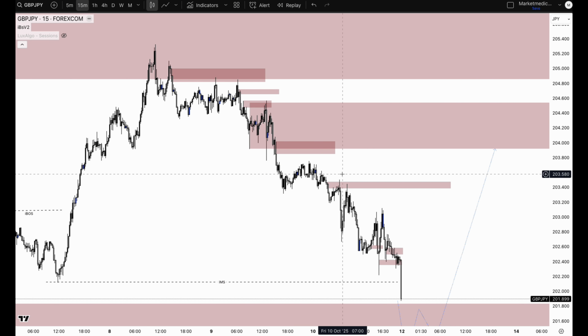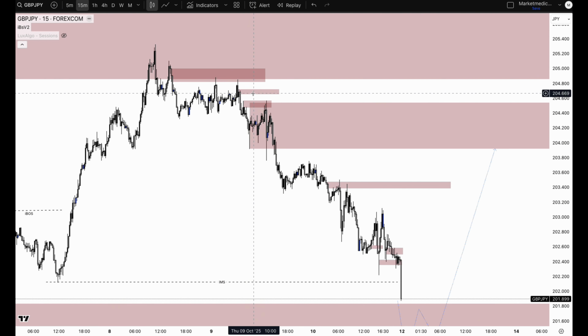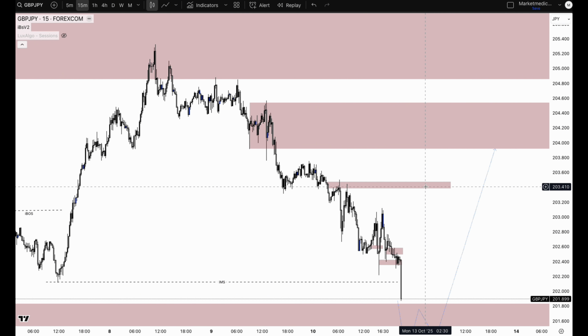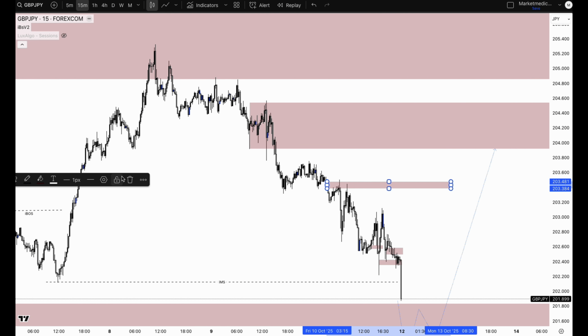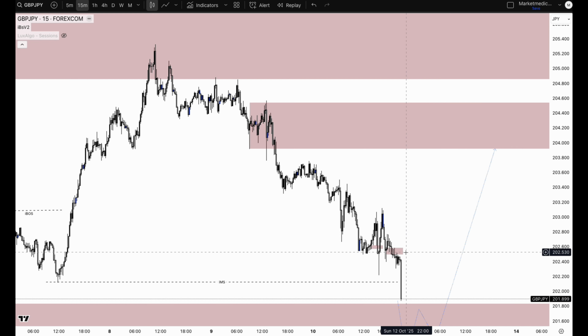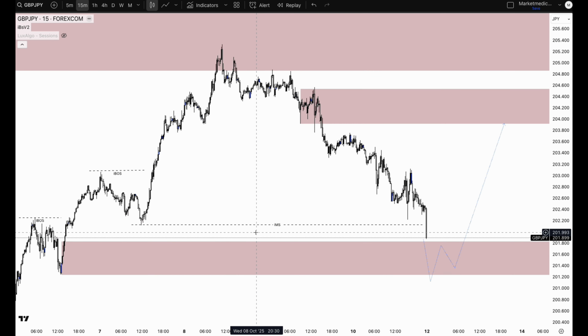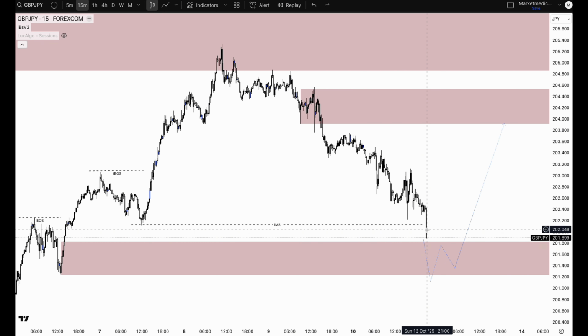Let me clean all these things. These are pitstops that I drew some time ago. So this is what I've drawn so far. At market open, the market can decide to continue to trade bearish.